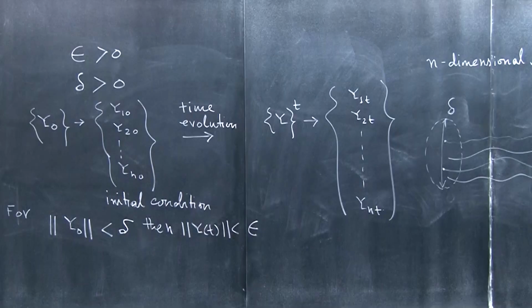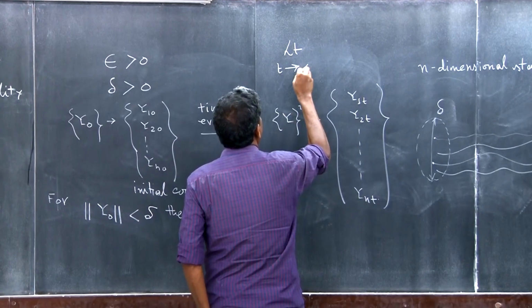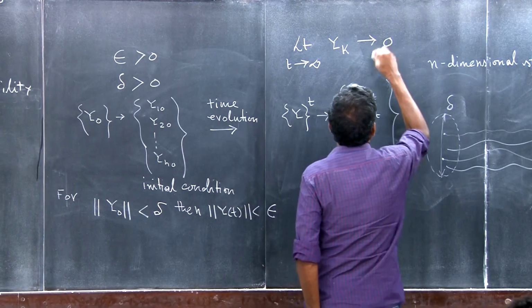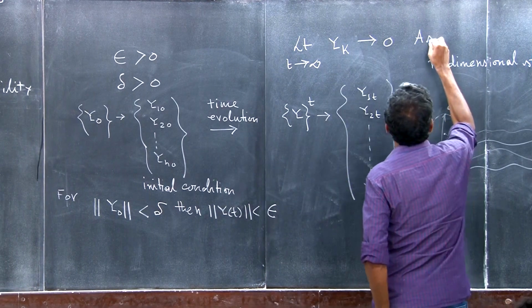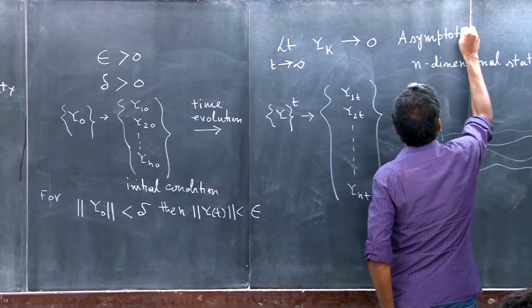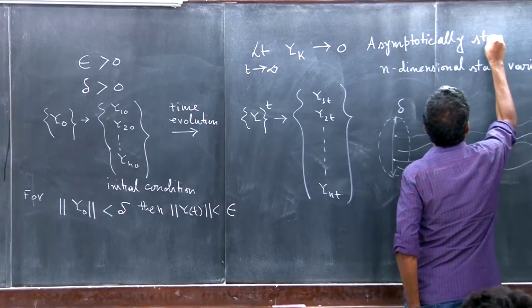So, that is defined as the Lyapunov stability, okay. Now, if in the limit t tends to infinity, y tends to 0, then it is called asymptotically stable.